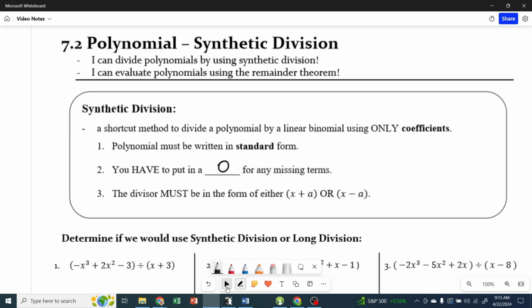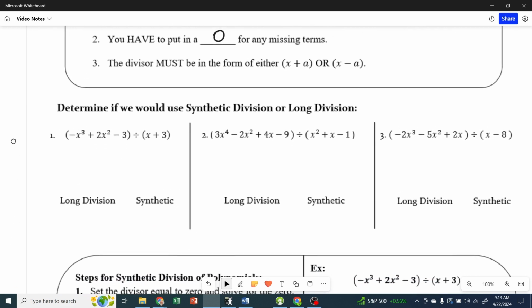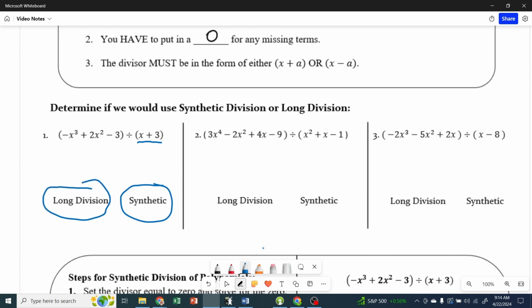So here we'll go through some examples as to where and when you can use synthetic division. In this first one, you look right here, and this is x plus 3, that's acceptable. So you can use both of these. You can always use long division.